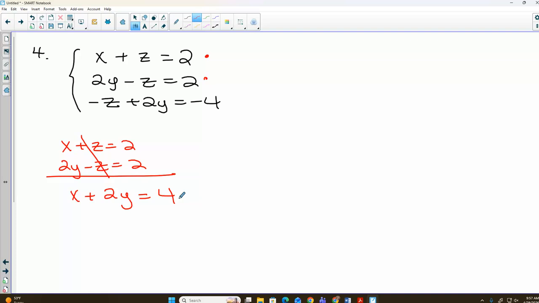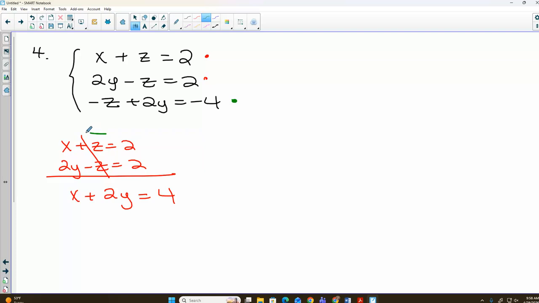All right. Then the next one, we have to use the third equation because we haven't yet used it. We notice it has a z and a y. So I can't put it with the answer I just got, right? I have to put it with one of the others and eliminate the same variable.